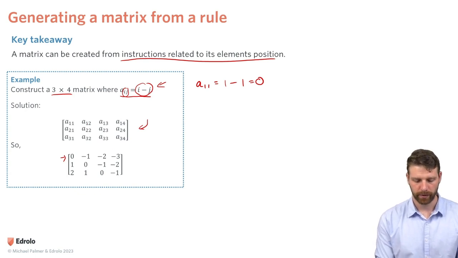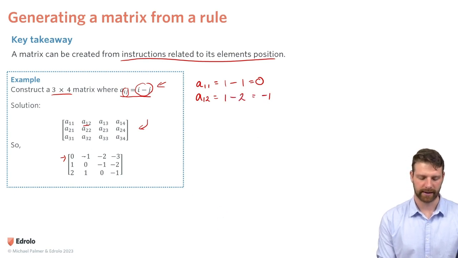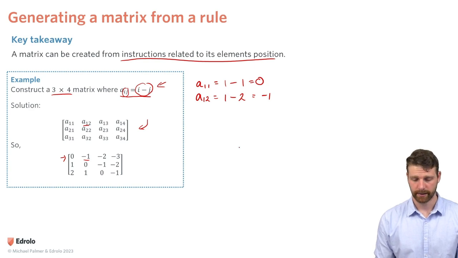Okay, so let's move now to the next one in the row, which is A12. That means that i is 1 and j is 2. And if I do i minus j, then I get 1 minus 2, which is negative 1. And you can see that that element is in position 1, 2 in the answer matrix. Okay, so if we keep going, then if I do A13, then i is 1 and j is 3. So I do 1 minus 3, which is negative 2.